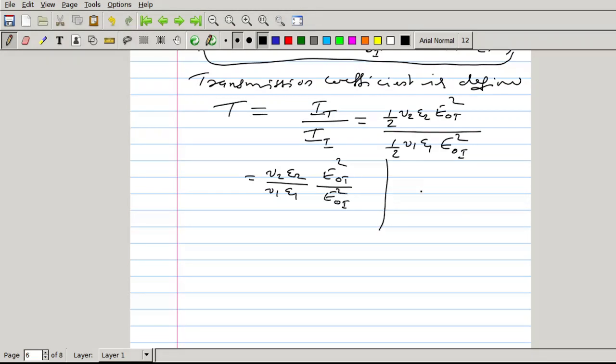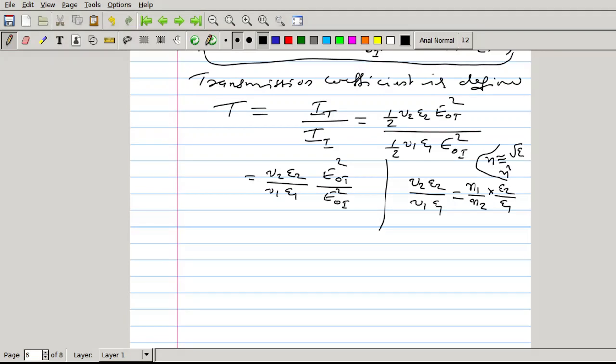V2 epsilon2 by V1 epsilon1, and V2 by V1 we can write in terms of refractive index as N1 by N2, into epsilon2 by epsilon1. We have already seen that N is approximately equal to root of epsilon.